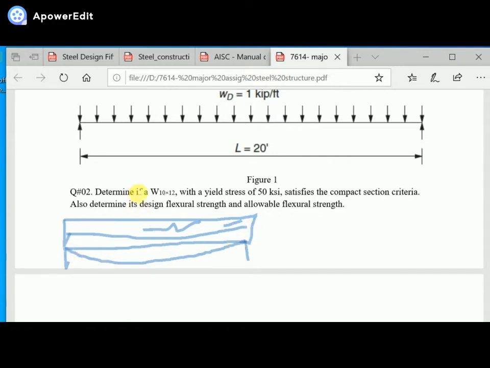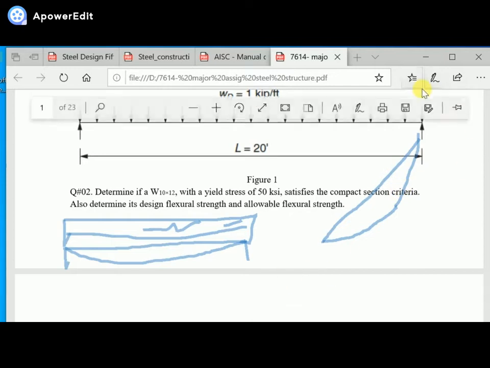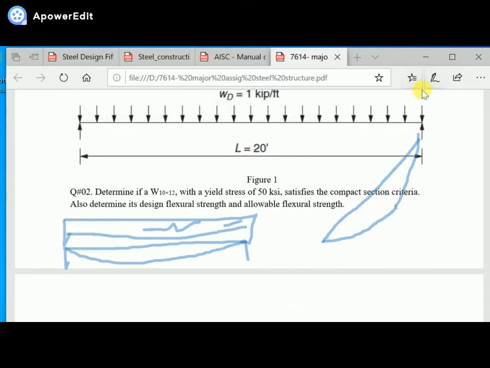The beam cannot bend in downward direction, but they basically buckle in plane, like the one you can see in 3D view. They will buckle like in this direction or like in this direction. This is basically in the horizontal plane.